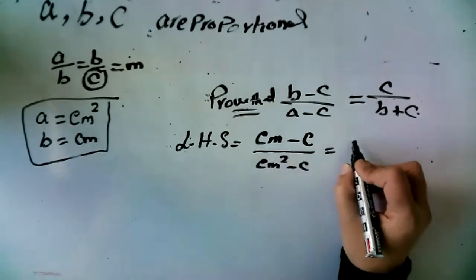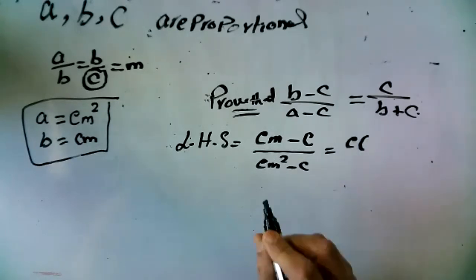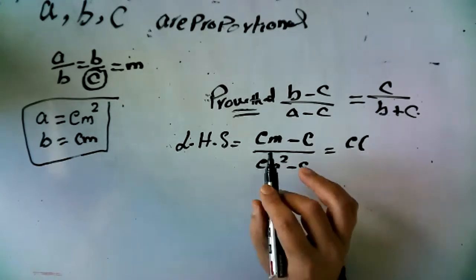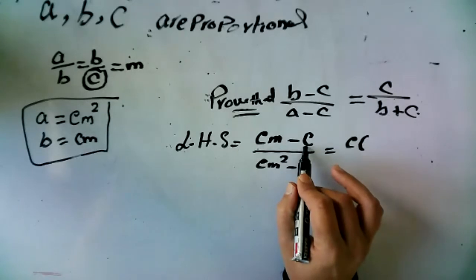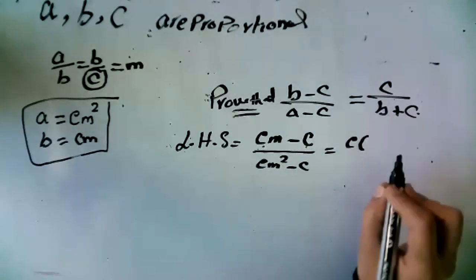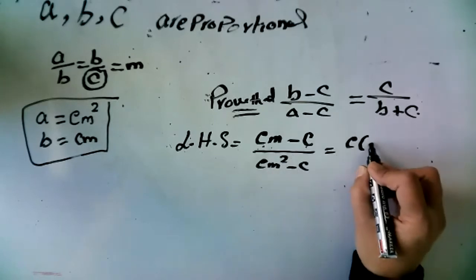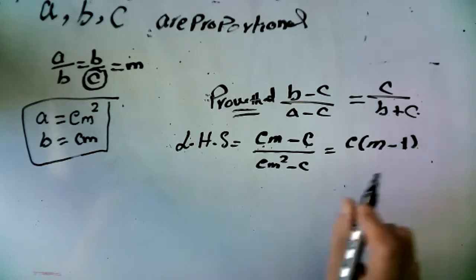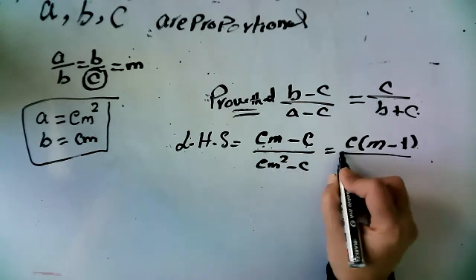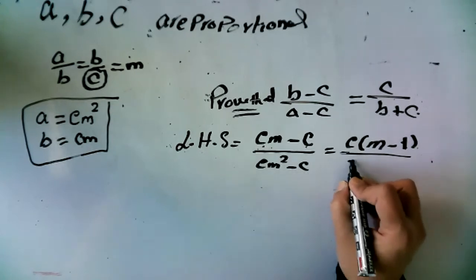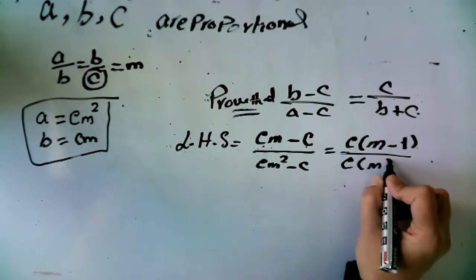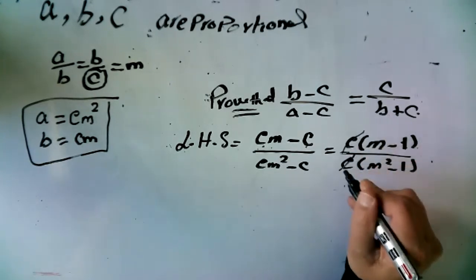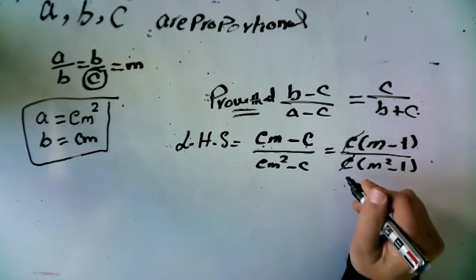We will take C as common factor because we cannot reduce now. By taking C as common factor, the numerator will be m minus 1. Take C from the denominator, C times m power 2 minus 1. Reduce by cancelling C from the upper and lower terms.